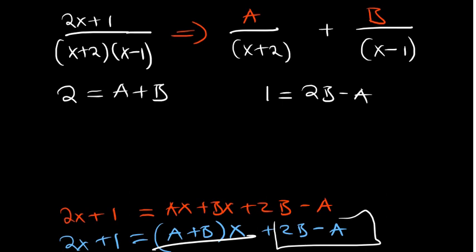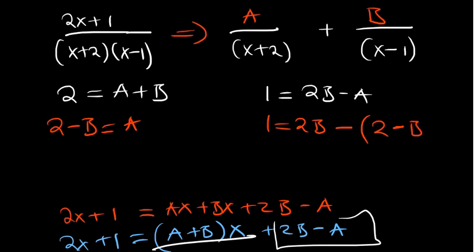I can make a the subject: 2 minus b equal to a, and then substitute in the other equation, 2b minus a, so for a we have 2 minus b, and our 1 is equal to 2b minus 2 plus b.